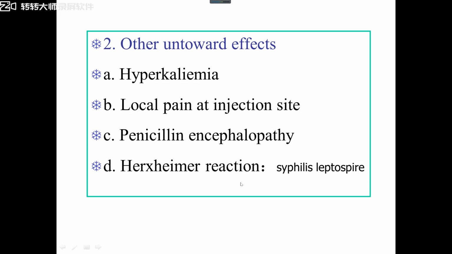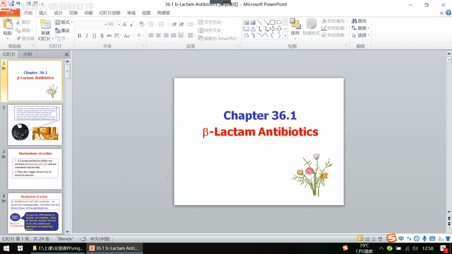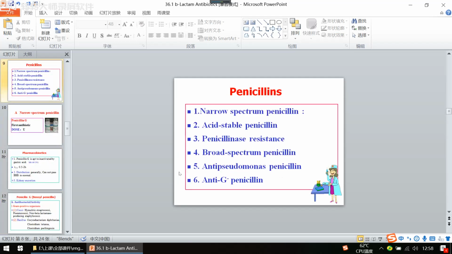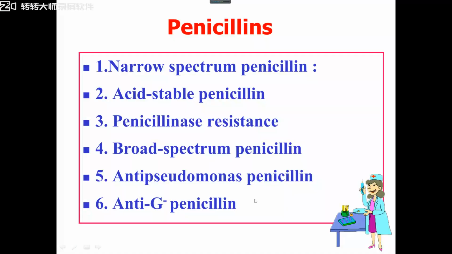Okay, this class we studied the natural penicillin, penicillin G, a narrow spectrum penicillin. We studied penicillin G's pharmacological effects, clinical uses, and adverse reactions. But penicillin G is narrow spectrum.